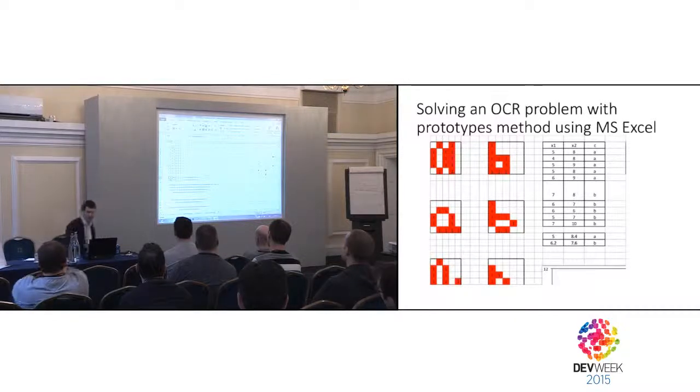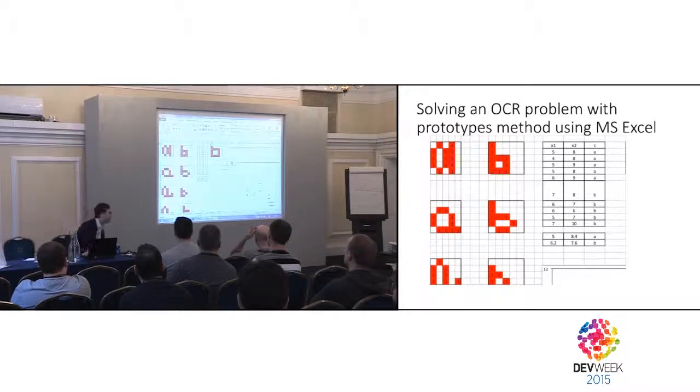As the training process is over, now we can turn to recognition. We have made a test placeholder where we can draw the pattern that we want our system to recognize.